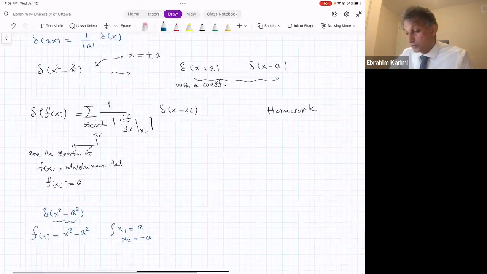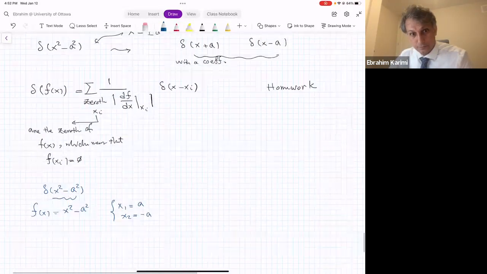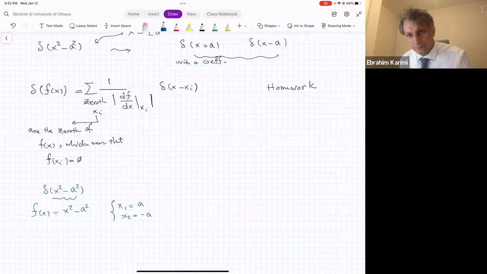Those are the two zeros of the function. Good? Are you following, guys? Fantastic. So then you have to take the derivative of this f of x. This is what I'm doing here. You have to take the derivative of the function, which will be 2x.